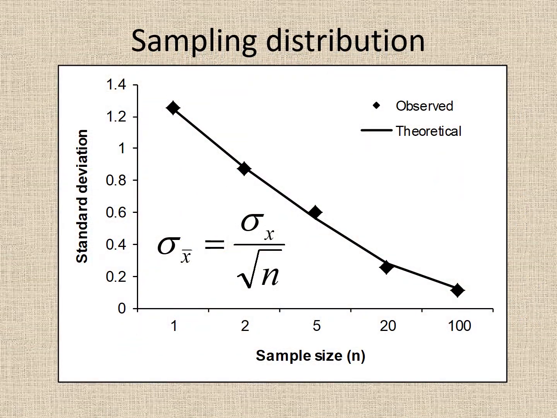So if we take samples from a certain population and calculate how much the sample means vary, how much they differ from each other on average, we see a relation like this. The larger the samples, the less they tend to differ from each other. And we have a formula here. It says the standard error equals standard deviation divided by the square root of the sample size.